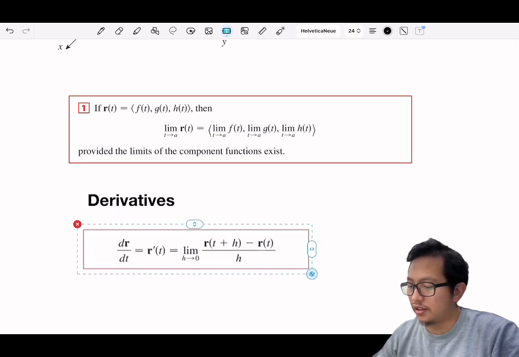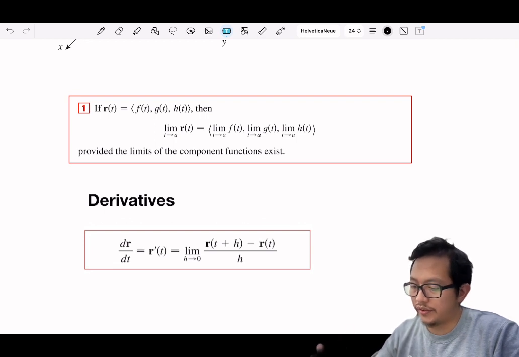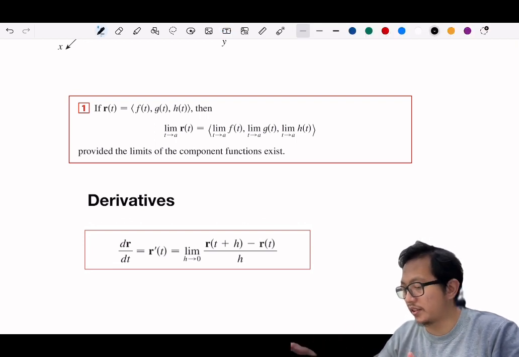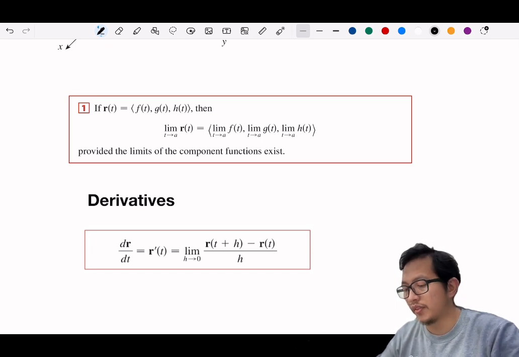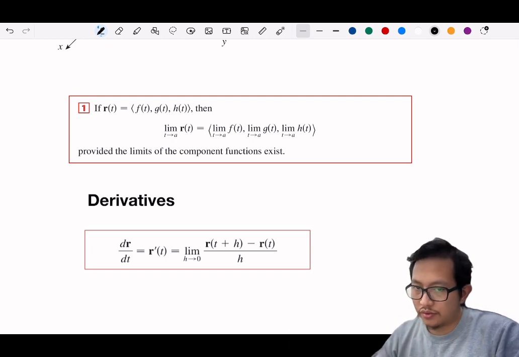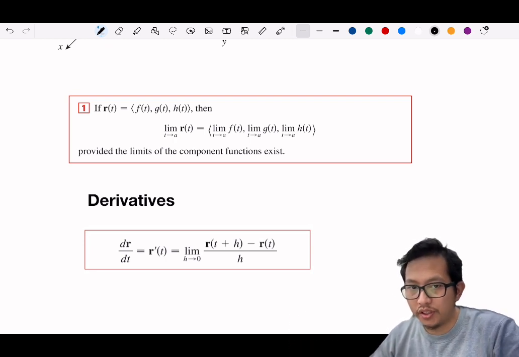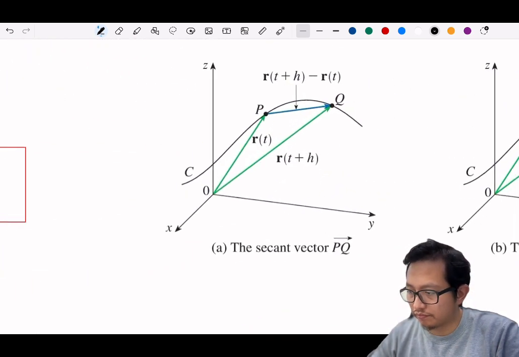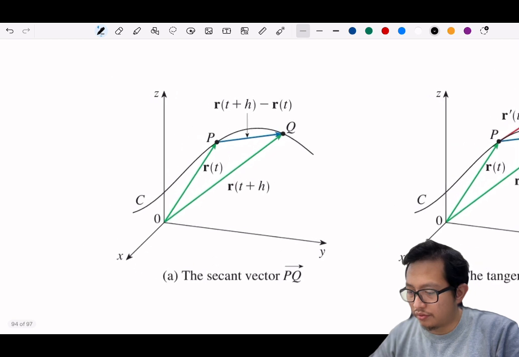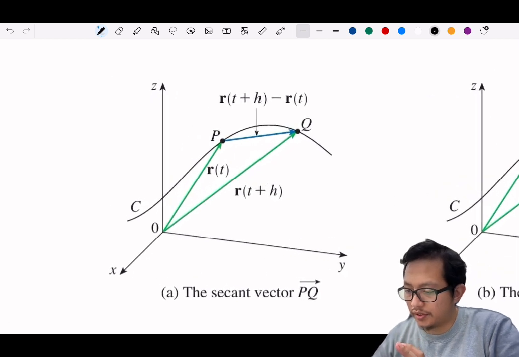We could just change the old definition, which has f(t+h) minus f(t), or f(x) in calculus 1, by replacing the function f with the vector function r. It can be understood if we look at this picture first.